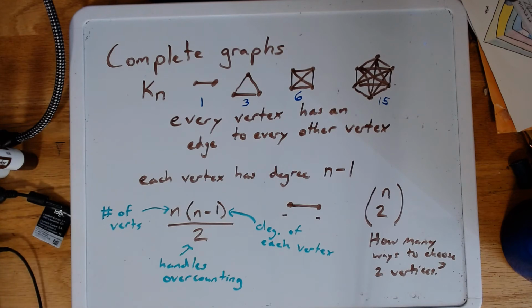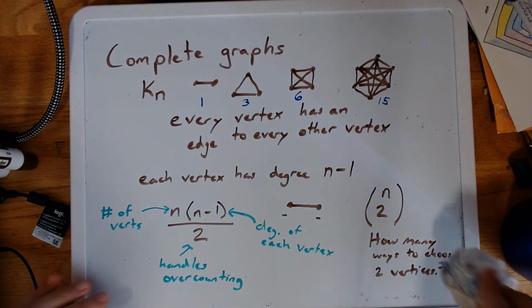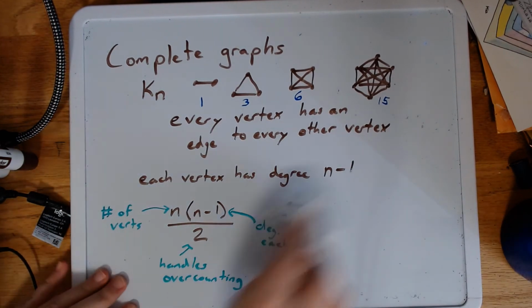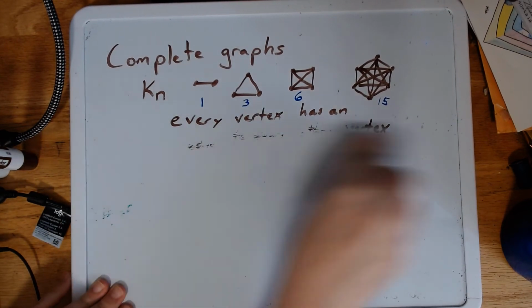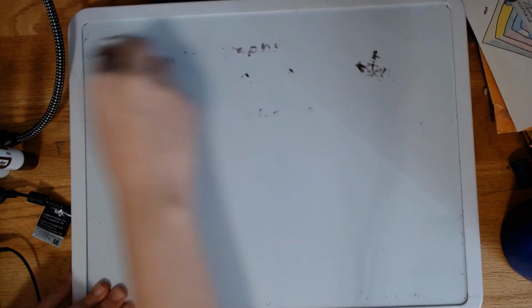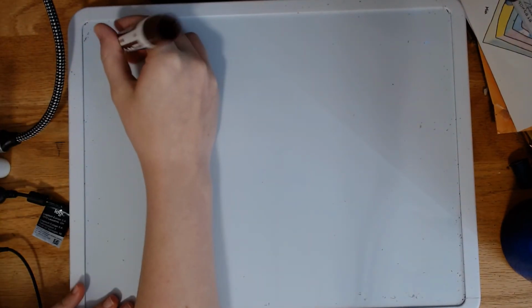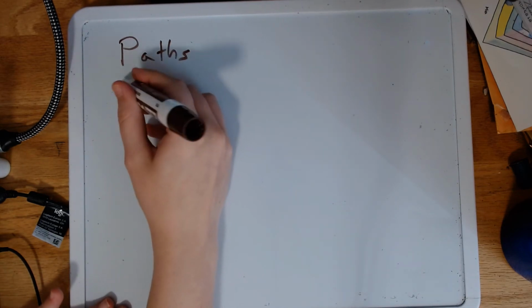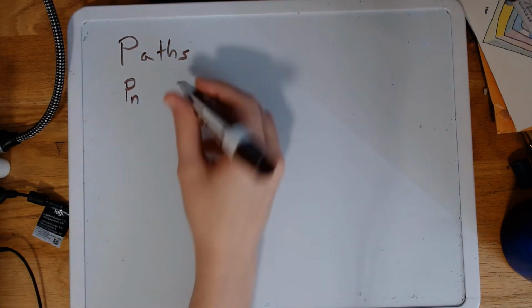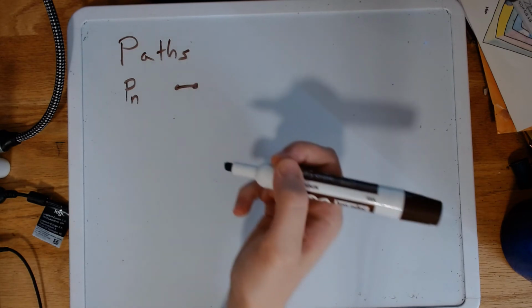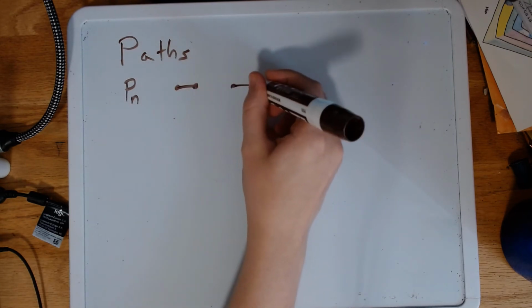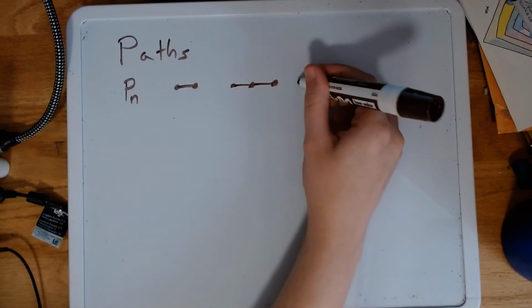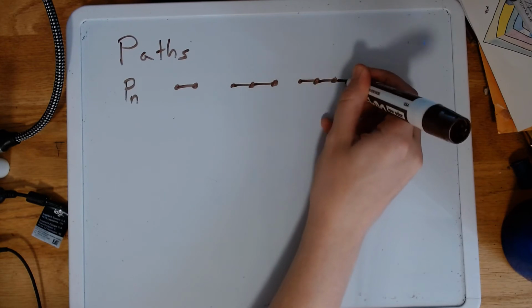Okay, so let's move on from complete graphs and talk about, we'll start with paths. Paths, if they have n vertices, we write those as Pn. So here's P2, and here's P3, and P4.